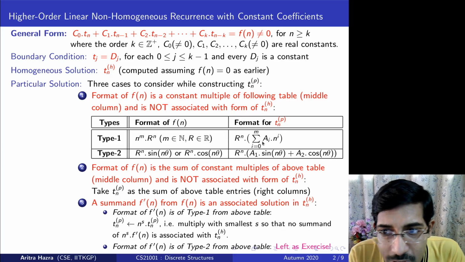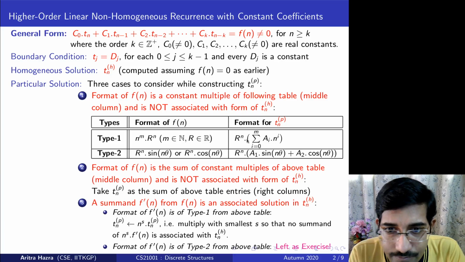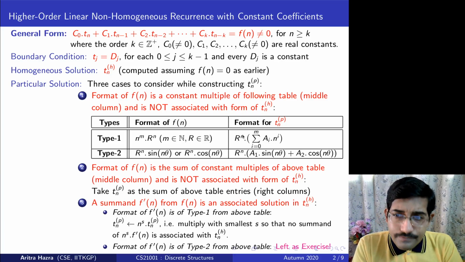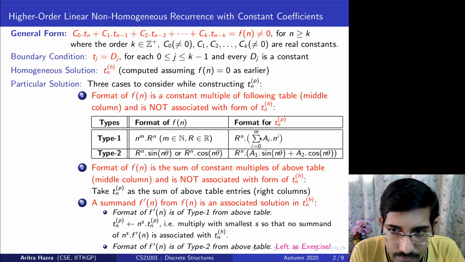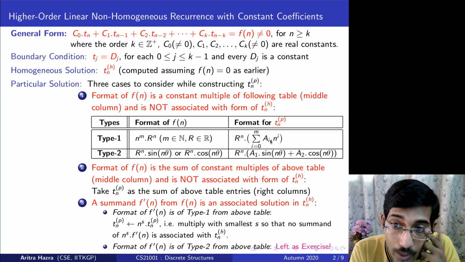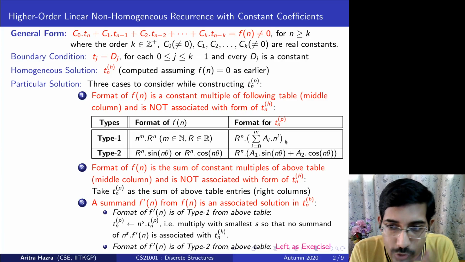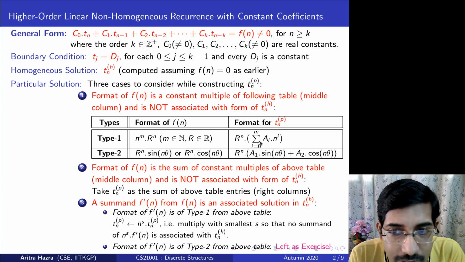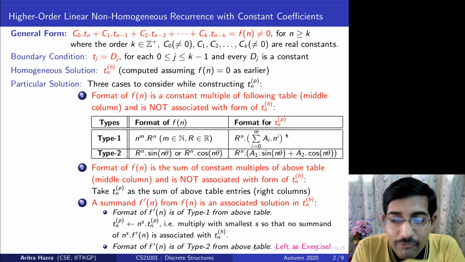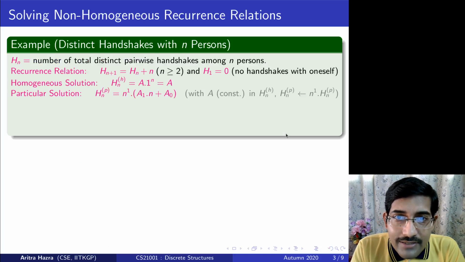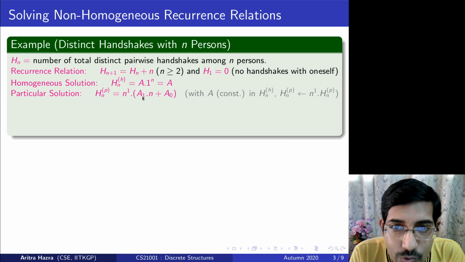What will I choose for the particular solution? My r is 1, this term vanishes, and my m is also 1. So I will choose a0 n to the power 0, that is a0, plus a1 n to the power 1. So I will choose a0 plus a1 n as my format for the particular solution.